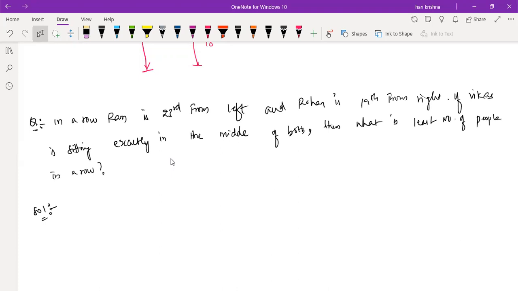You have done the same type of problem from top to bottom just now, but this problem is in the row. That's all the difference. Just calculate it and tell me the answer.